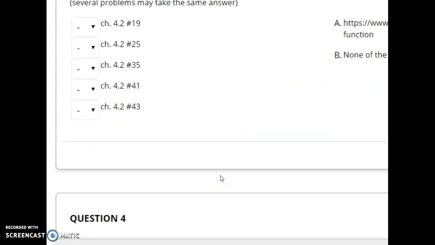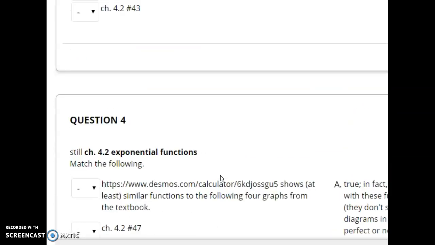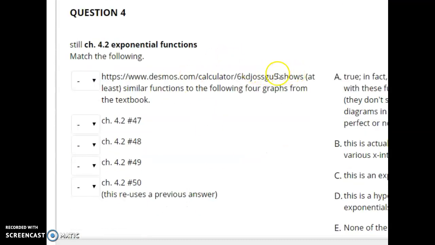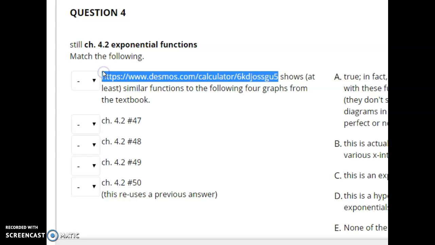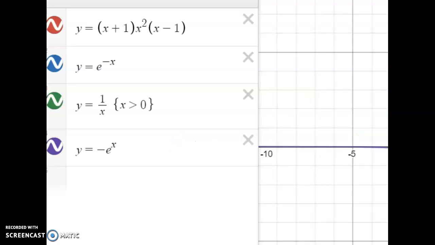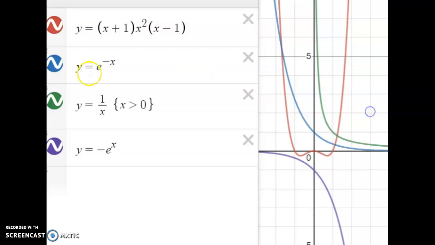All right, let's go to the next one here. So I don't think I did this one yet, did I? Nope. So here we go. And again, pull up the Desmos. There it is. And then look at them over here and see how they look. Look how they compare.